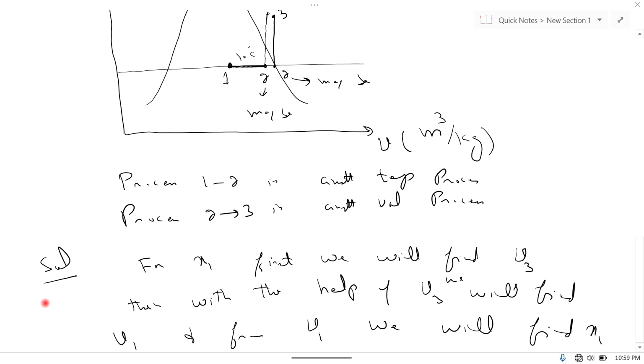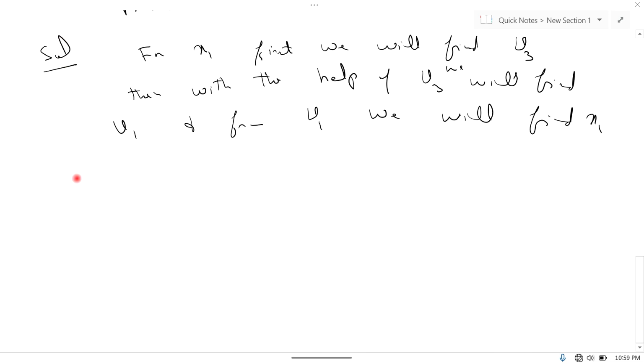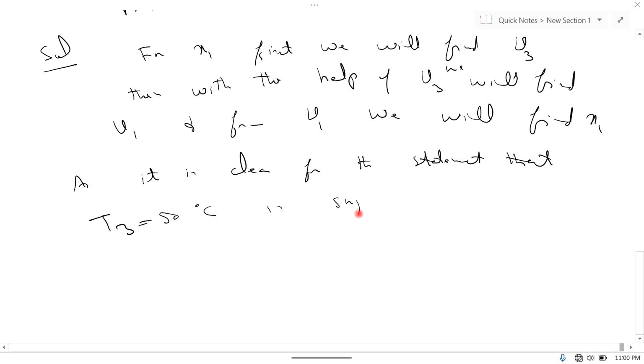So we know that point 3 is in the superheated region, as it is clear from the statement that T3 is equal to 50 degrees centigrade, which is a superheated temperature.